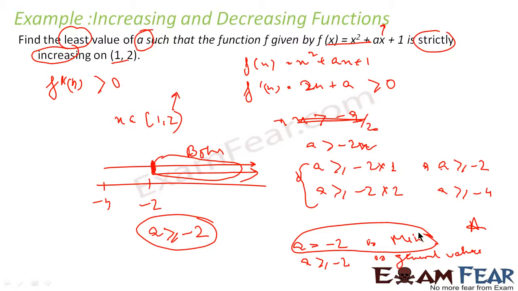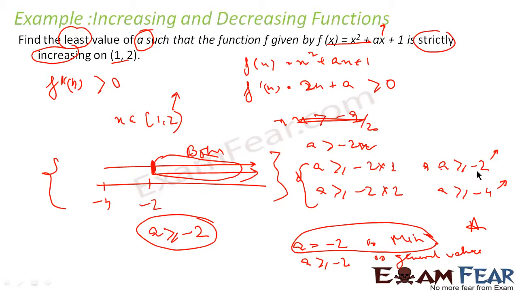See, very simple. Nothing great in this. I just found f dash x and I made it greater than or equal to 0. With this, I got two conditions on a. First is a is greater than minus 2 and second is a is greater than minus 4. The trick here was that a lot of students don't know how to use this. If there are two inequalities, you have to find one by merging these two. The best way is to draw a number line.